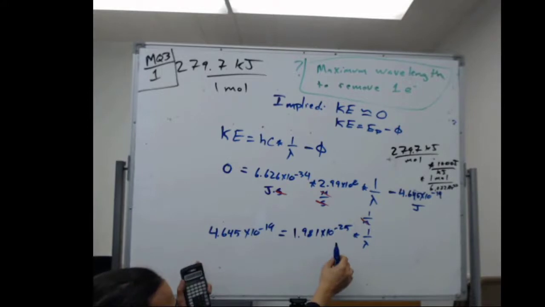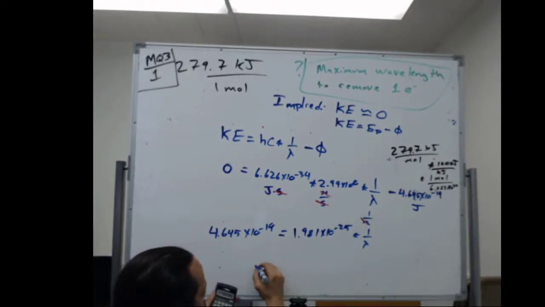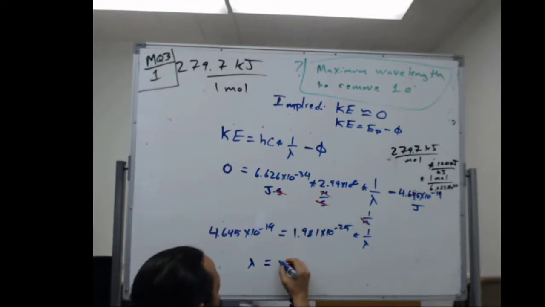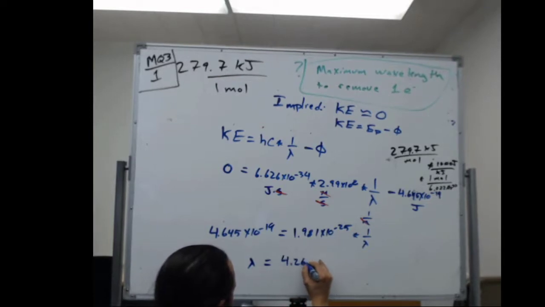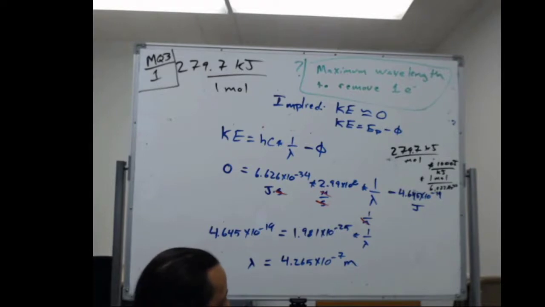So we'll bring the lambda over and the 10 to the minus 19 down, and we'll get lambda equals 1.981 times 10 to the minus 25 over 4.645 times 10 to the minus 19. We get lambda is equal to 4.265 times 10 to the minus 7 meters.